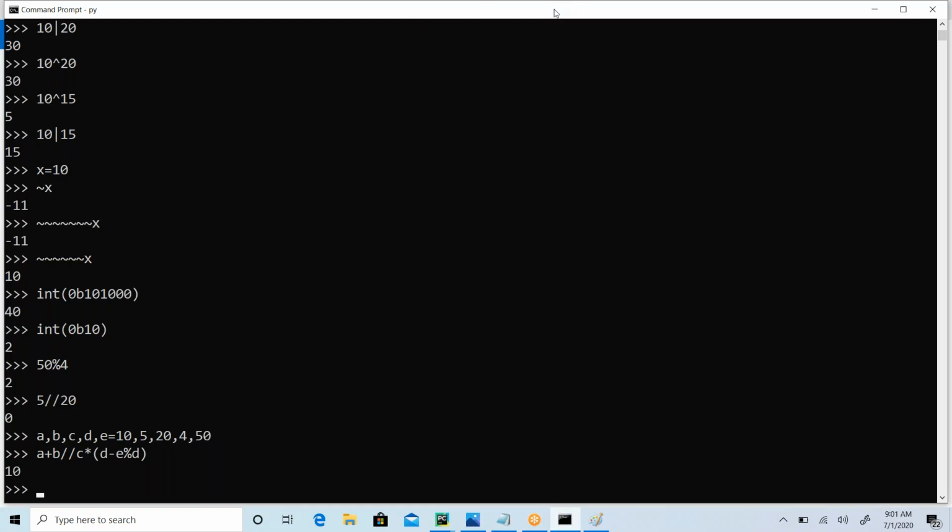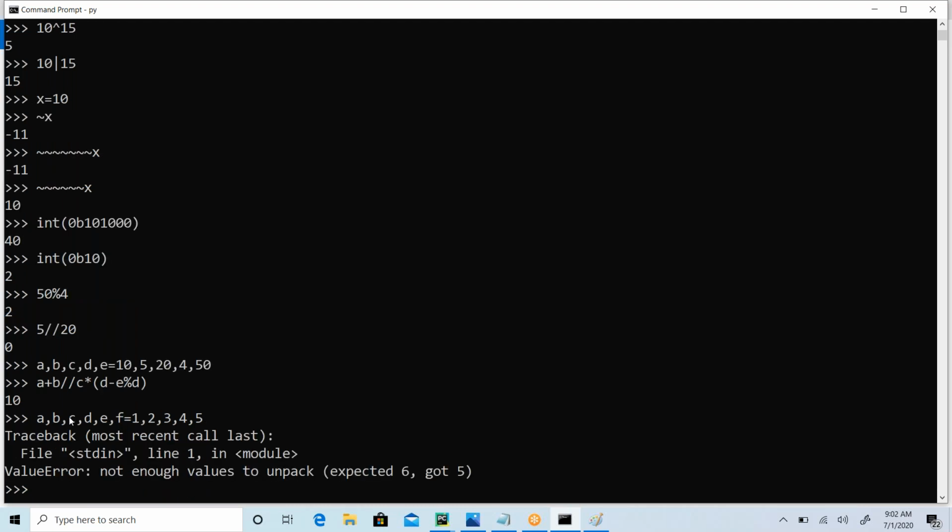That means writing A comma B comma C comma D comma E comma F and giving only 5 values. It will be a syntactical error. So the left hand side and right hand side have to match.